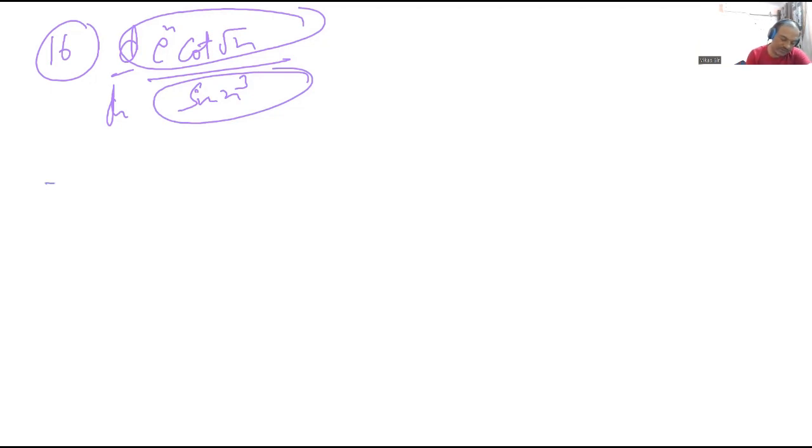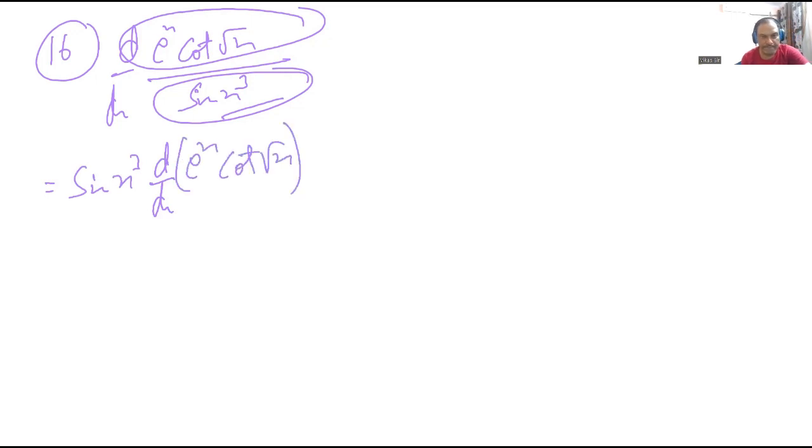Now here what the method is. First you have to write down this gx, which is sine x cube, and you have to differentiate e power x cot root x. Furthermore, you have to put a sign of negative. You will be having e raised to power x cot root x, and now there is d by dx of sine x cube.